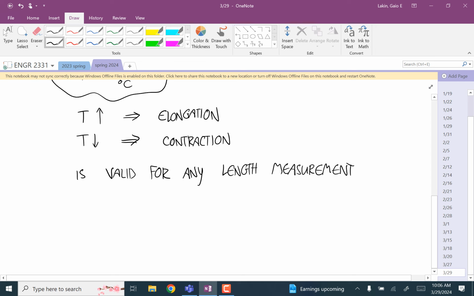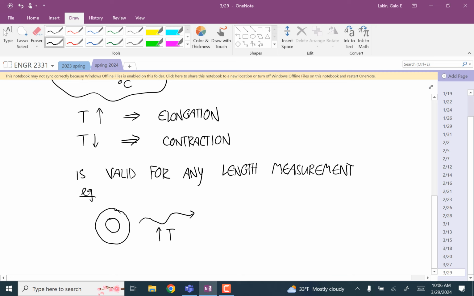So if you start out with a torus-shaped thing, and you increase the temperature, you can sort of talk yourself into all sorts of thoughts about what's going to happen for different measurements.